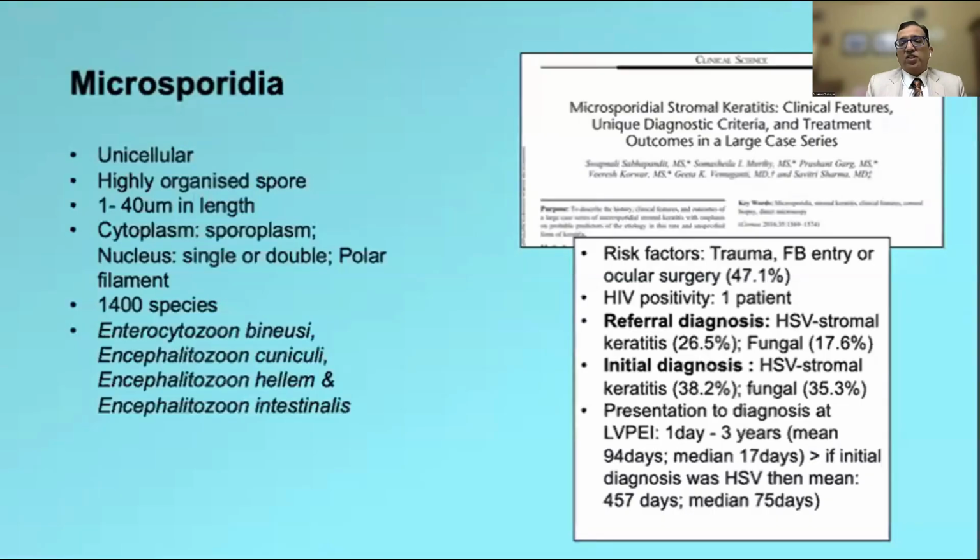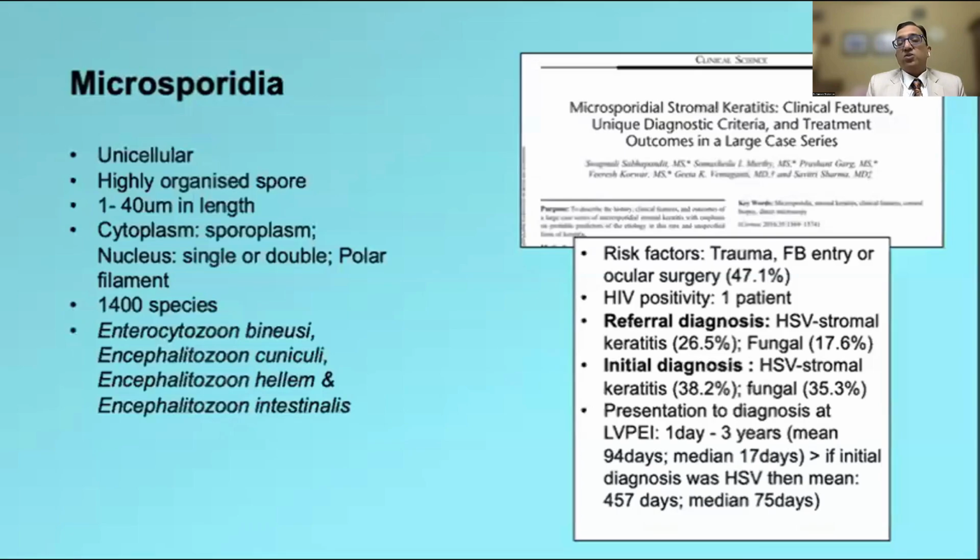Results from large institutes from India have shown very similar experiences. Most of the patients that they had were referral patients, and those were referred either as HSV stromal keratitis, which we initially thought, or fungal keratitis.